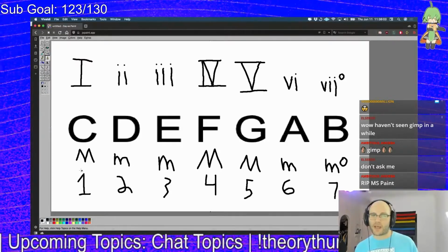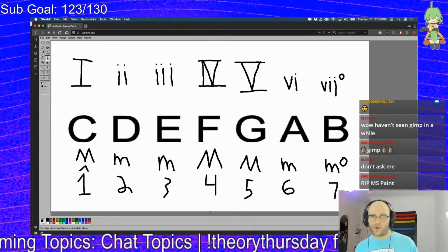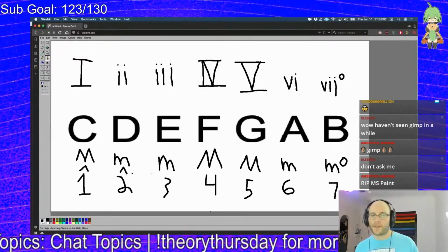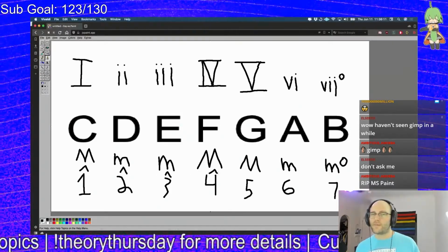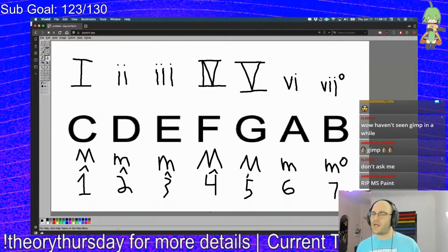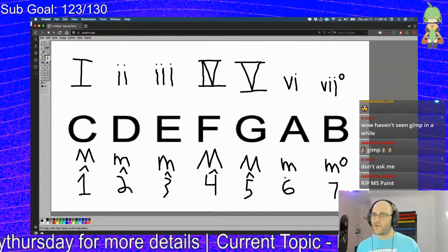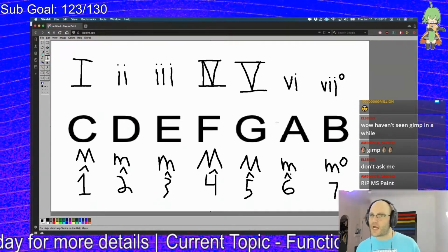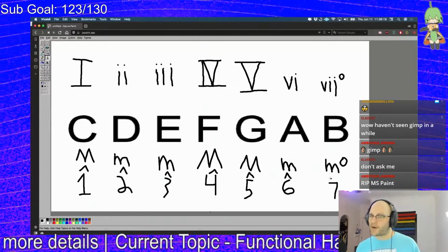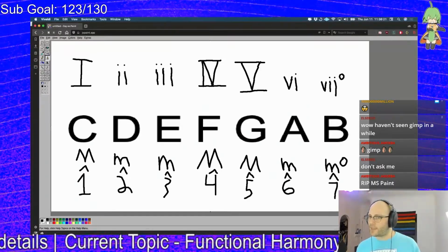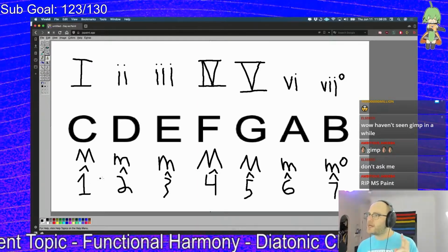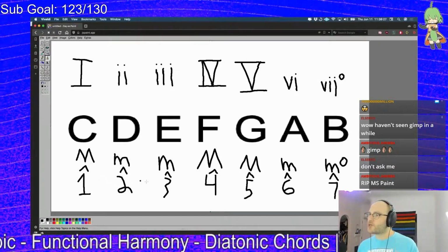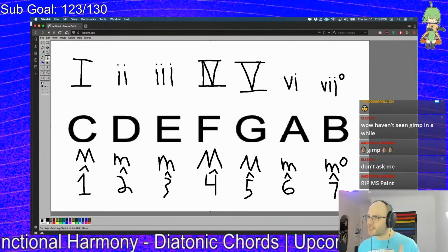Technically, we would have a little hat, a little caret over top of them. This little caret refers to it being a scale degree. So if you're looking at analysis and you see not a Roman numeral, but an Arabic numeral with a little hat over it like that, that just means this is the first scale degree, the second scale degree, third, fourth, fifth, sixth, and seventh.